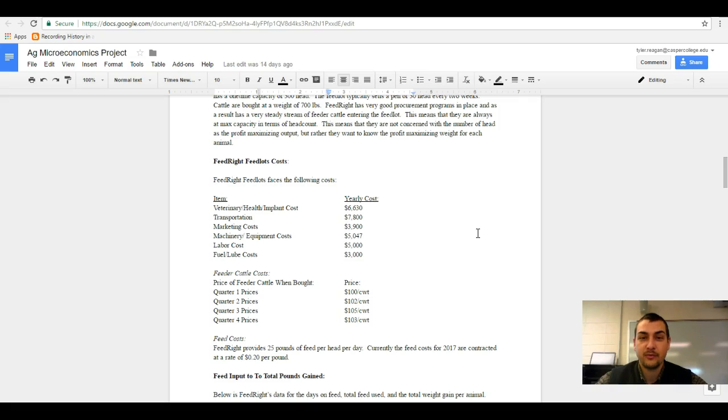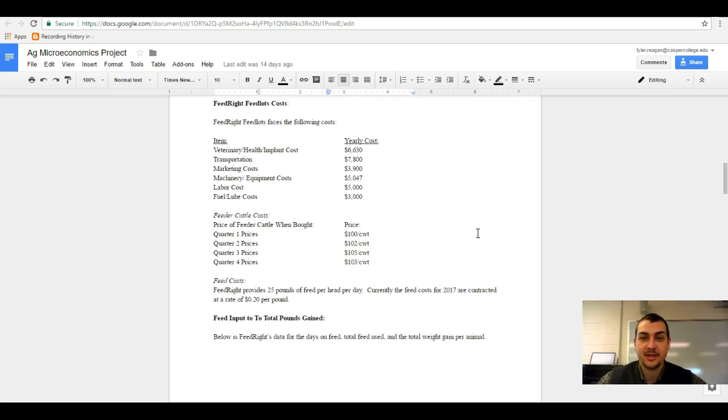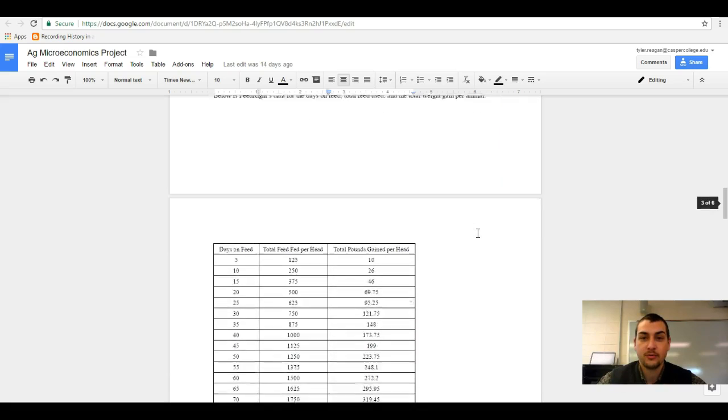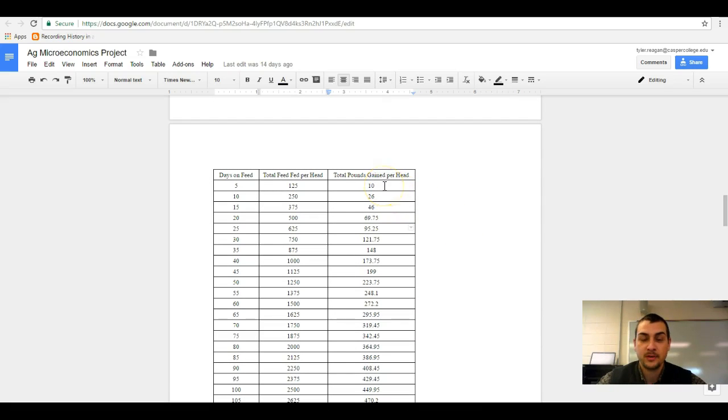Then on the other side, whenever we start talking about average cost, remember average cost is on a per output unit basis. So when we get into the output side, we're going to start saying things like average cost per pound. So we have average variable cost per pound, average fixed cost per pound, and average total cost per pound.